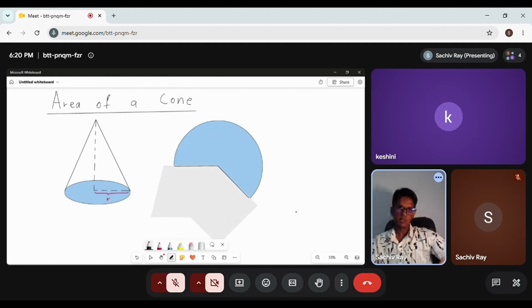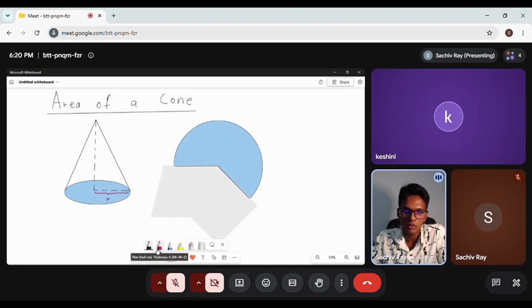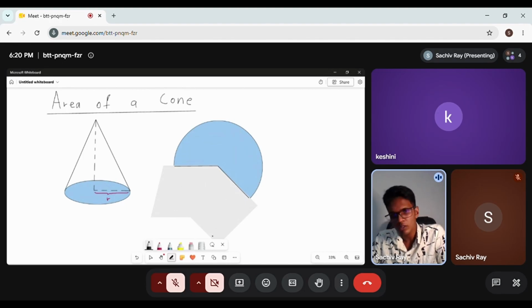That's the second shape, right? Yes, sir. Now, if this was a full circle, this is just a part of it. You call that a sector. Do you remember that? Yes, sir.